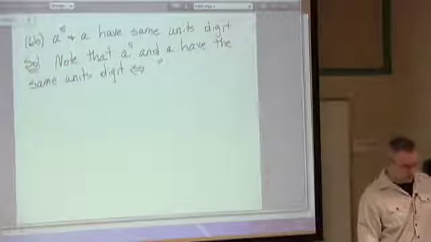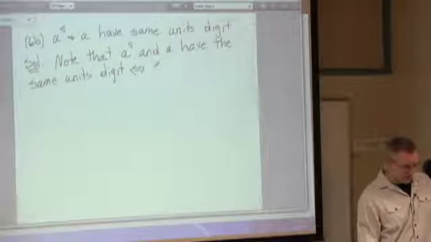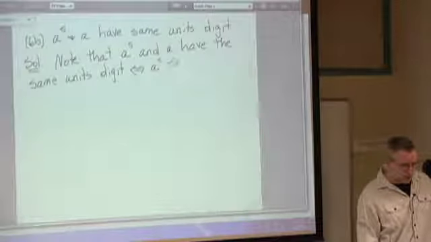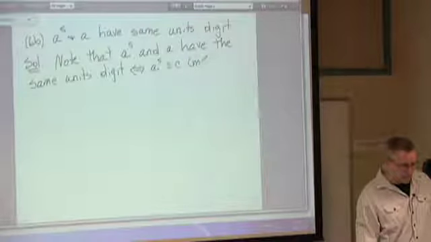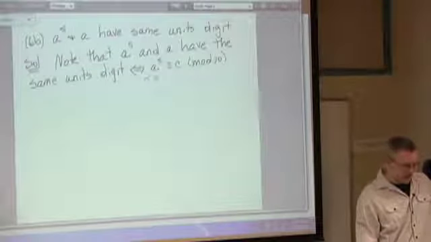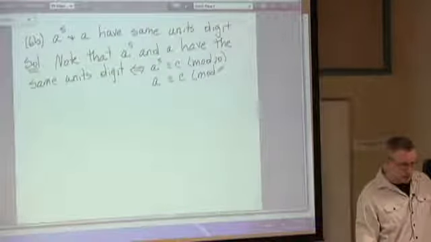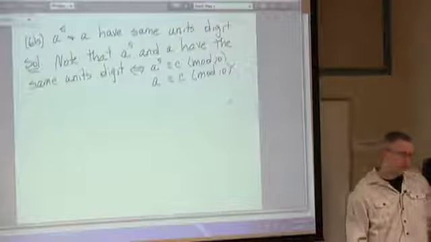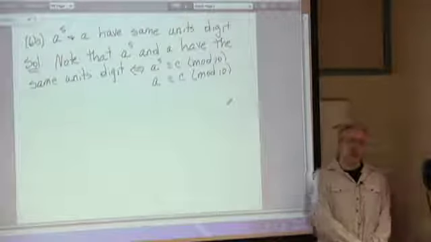So this just means if a to the fifth and a have the same units digit, then a to the fifth is congruent to, say, c, mod 10, and a is also congruent to c, mod 10. And here, c is just some integer between 0 and 9.